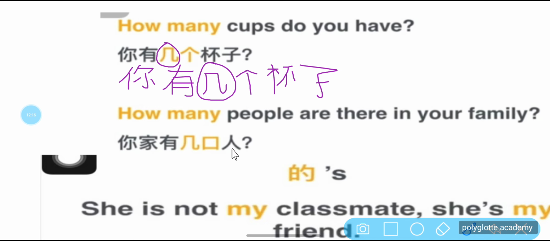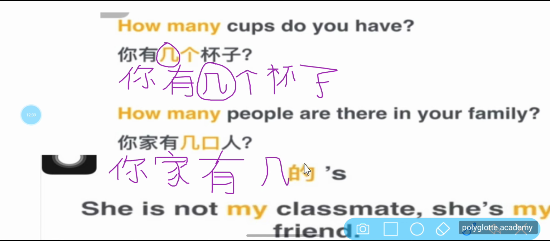Now the next one. 你家有几口人？How many people are there in your family?